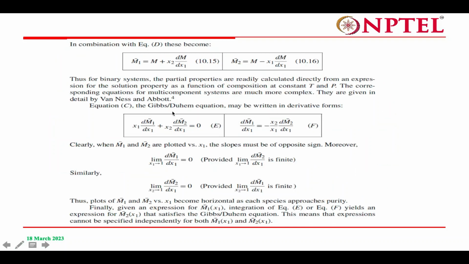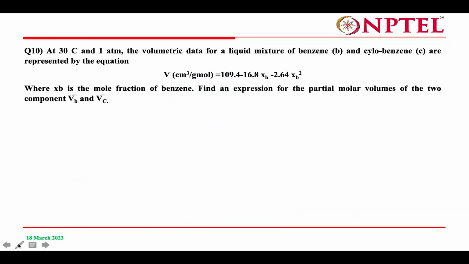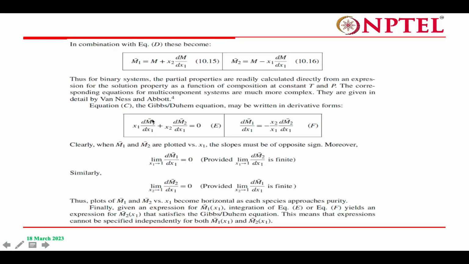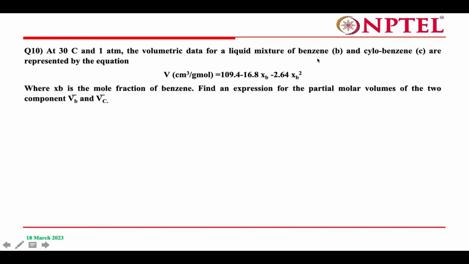So you will get M1 bar equal to M plus x2 dM by dx1, and for species 2, M2 bar equal to M minus x1 dM by dx1. Now based on these two equations, we will solve some problems.